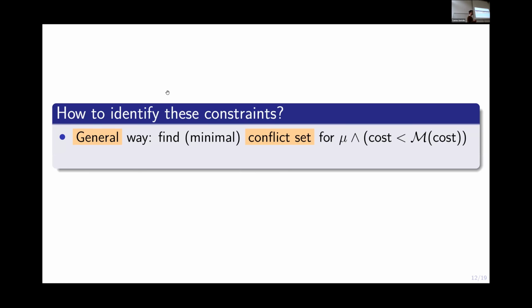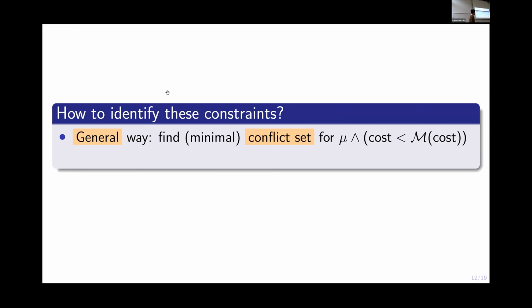So how do we identify these constraints that are limiting the optimum in the truth assignments? The general idea is that we want to find a possibly minimal unsat core for the truth assignment conjoined with the bound on the cost. This formula here is unsatisfiable because we know that M is optimum for cost. So there is no better model in the truth assignment for cost.